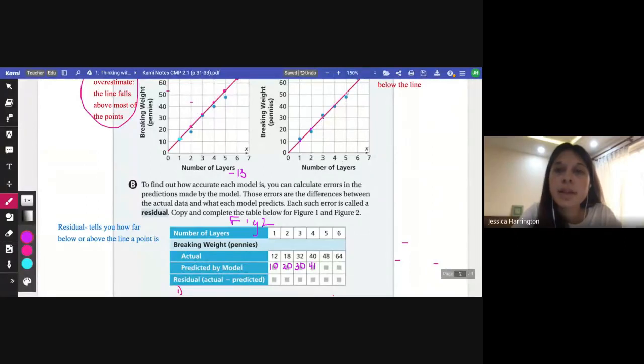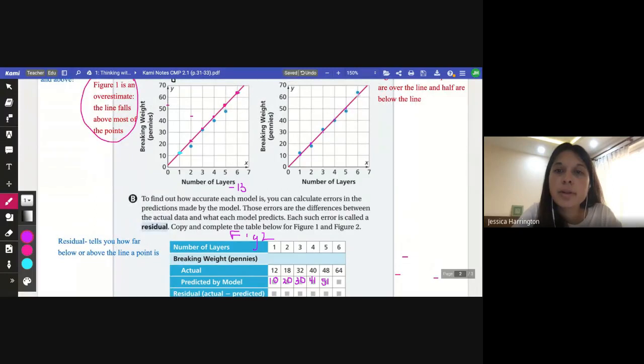At 5, it's above this one. I'll say it's at 51. Remember, we're just estimating. And then at 6, it's a little bit below. It's right here. It's a little bit above 60. I'm going to say 61.